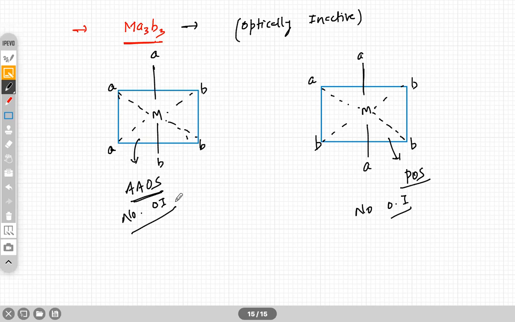Excuse me, sir. What did you say? AOS is alternating axis of symmetry. Could you just explain that, sir? What it means? We can do that. But usually what happens, you have to keep this in mind, because in any molecule you cannot identify this particular axis of symmetry.